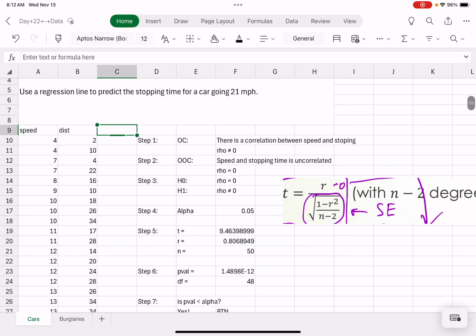So that's this. I'm going to call this, oh, sorry, not stopping time, stopping distance.